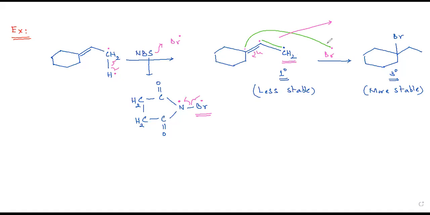I mean, before modification. Even before modification also, we can write a product, but of course that will be a minor one. This one, right? As it is, if at all it is taken. This is from 1 degree.